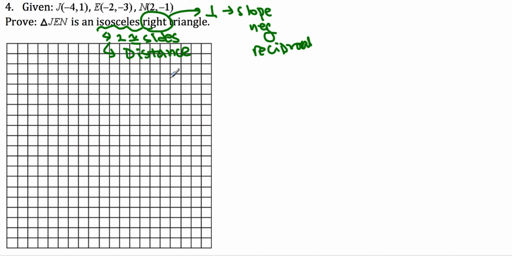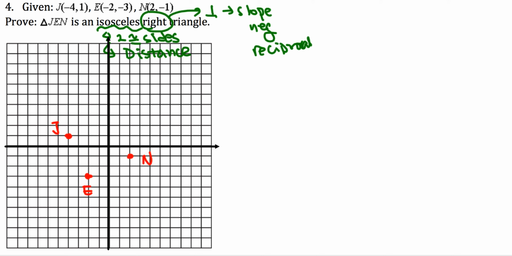All right, now. So J is negative 4 comma 1, and E is negative 2 comma negative 3, and N equals 2 comma negative 1.